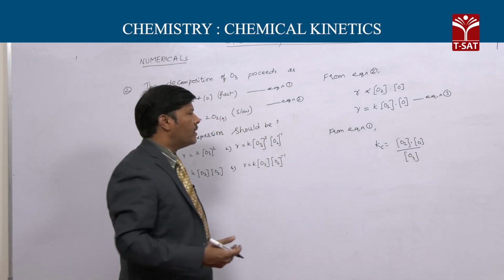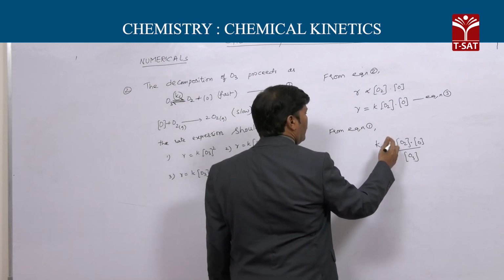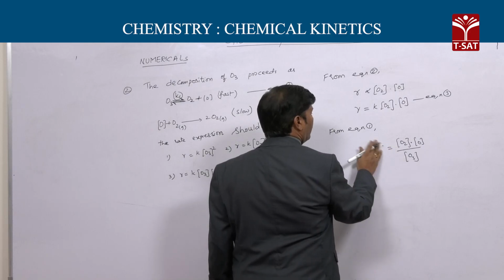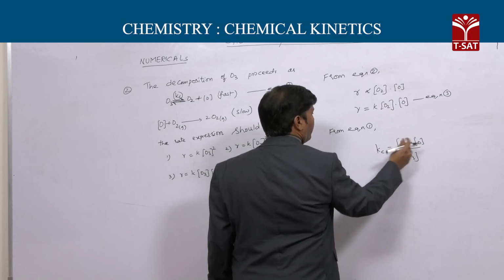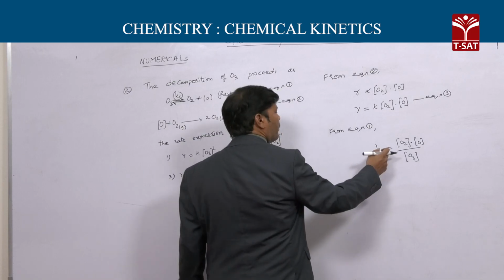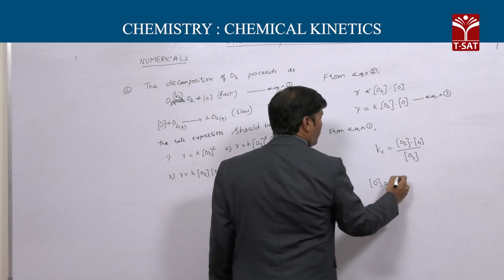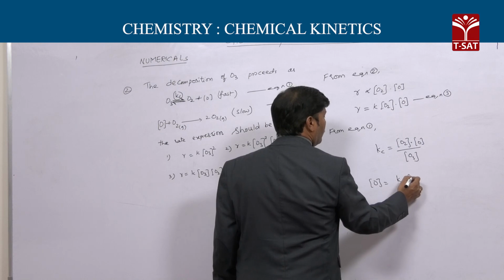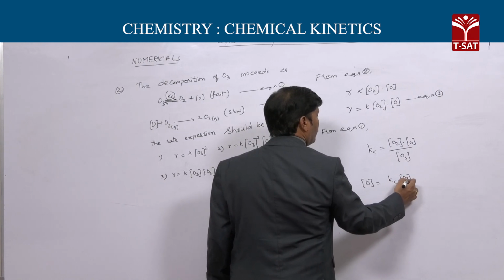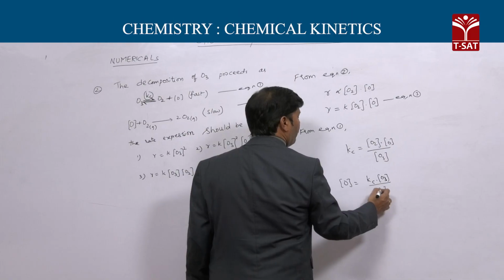Bring out the nascent oxygen from this expression of equilibrium constant. Nascent oxygen is equal to equilibrium constant into concentration of ozone divided by concentration of O2.